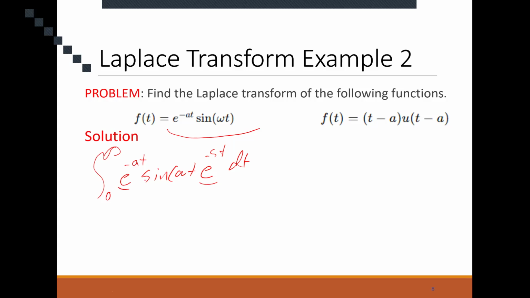Now, these two are exponentials. We can mix them. So it actually becomes the integral of sine of omega t e to the power of minus (s plus a)t dt. Now we have another state variable. We can consider it as a p.